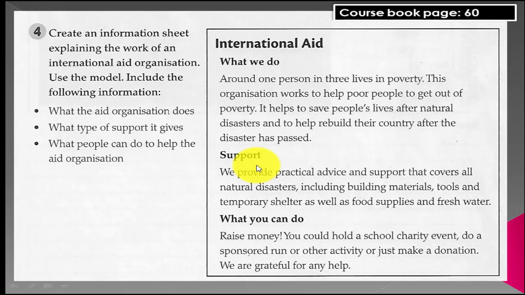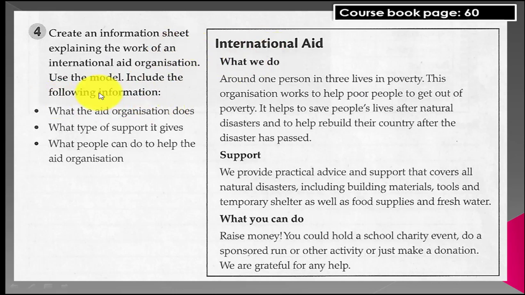Next, here also the same mistake. It is workbook, page 60, not coursebook. It's workbook. Now exercise number 4, create an information sheet explaining the work of an international aid organization. Use the model, include the following information.